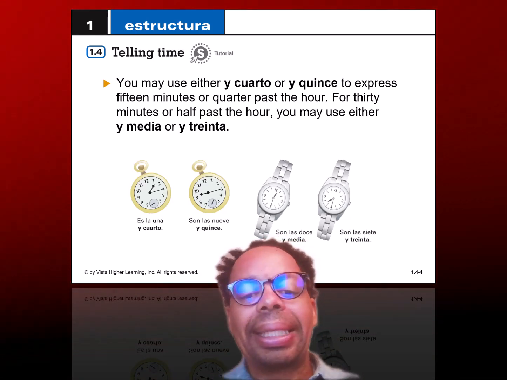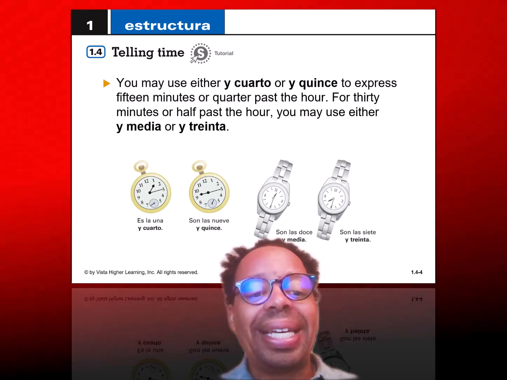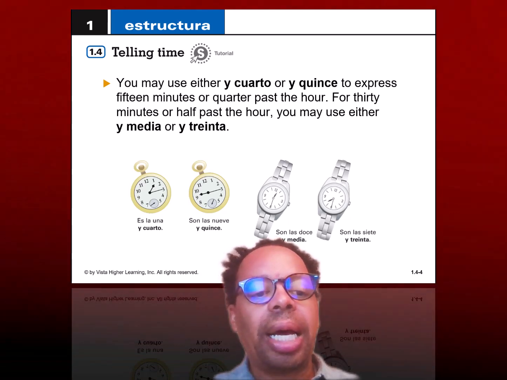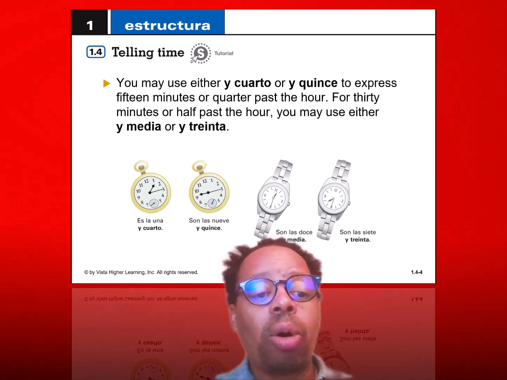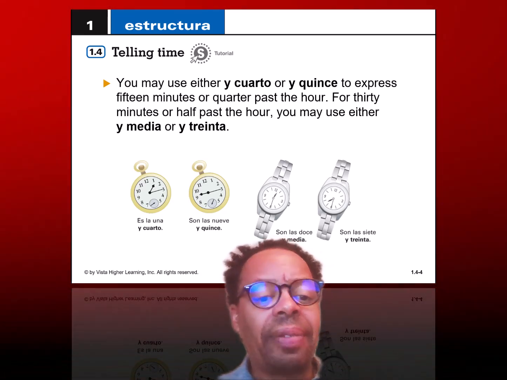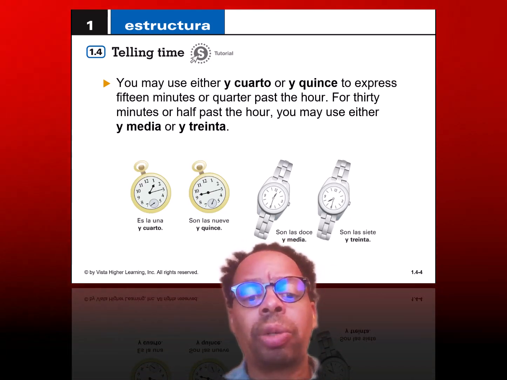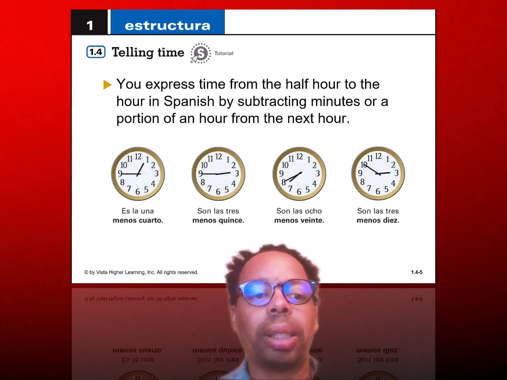Son las 7:30, son las 12:30, son las 9:15, 9 o'clock and 15 minutes. Es la 1:15, it is 1 o'clock and a quarter of an hour, or 15 minutes, no? Just some options you may have use of once you start getting into your VHL Central assignments. You may have to express those times there, no?